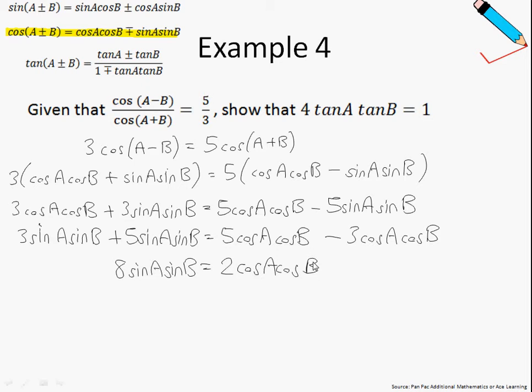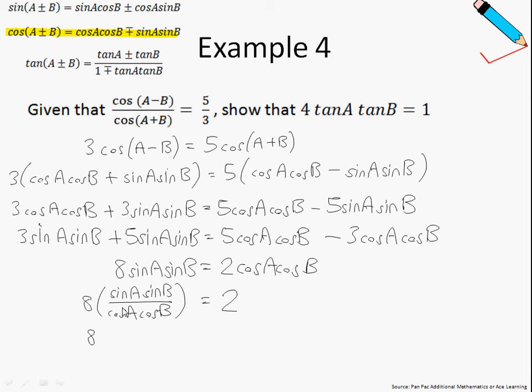If I divide cosine A cosine B over to the left, and divide both sides by 2, let's see what happens. Sine A sine B divided by cosine A cosine B equals 2, and this will just give me 8.